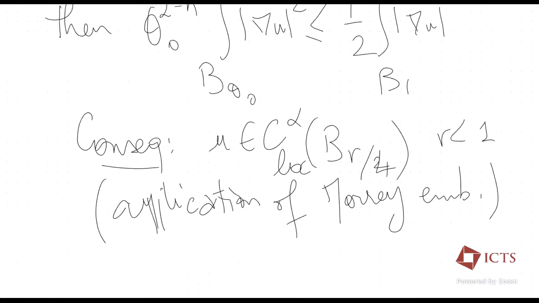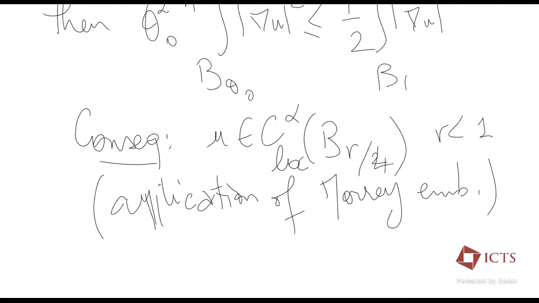Basically, this is an iteration plus an application of Morrey embedding, and I mentioned already several times that once you have proven continuity, it automatically gives you C infinity. So continuity is the hard thing to prove. You can invoke elliptic regularity to prove C infinity.